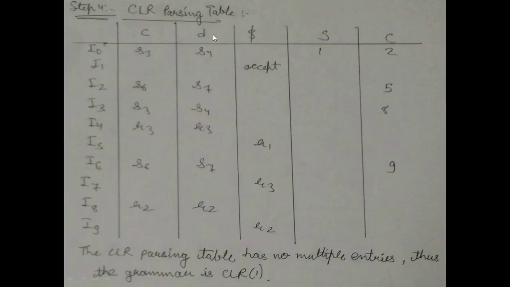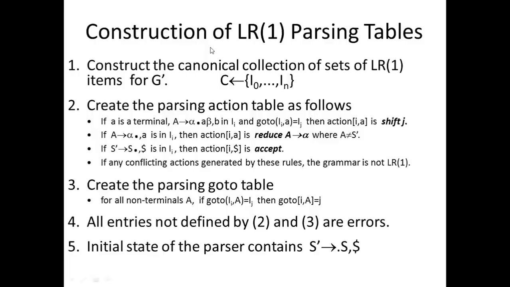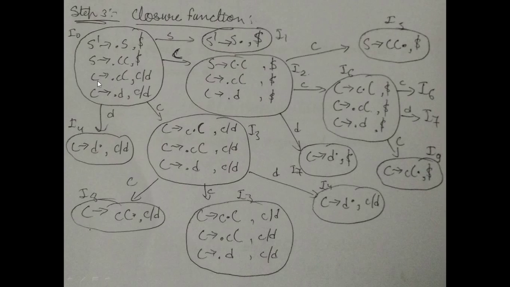Now we go to the parsing table and see that for the I0 row, we have S3 and S4 in the columns where the terminals are small c and small d respectively. There is a shift operation from I0 to I3 using small c, so it is a shift 3 operation.